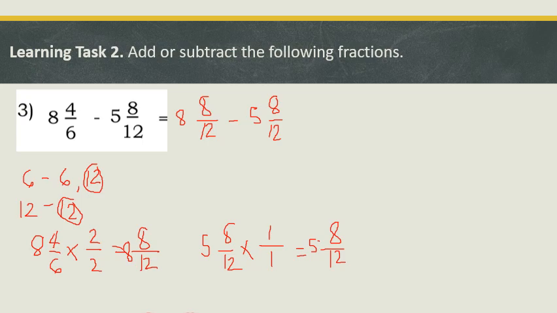Okay, next. So, ipag-minus na natin siya. So, since pareho na sila ng denominators, ang denominator natin is 12. Then, 8 minus 8 is 0. Then, 8 minus 5 is 3.